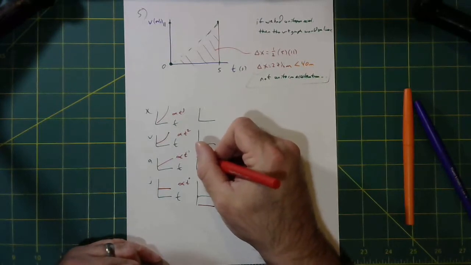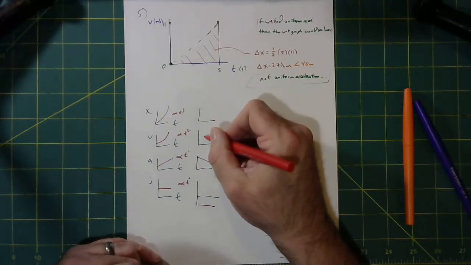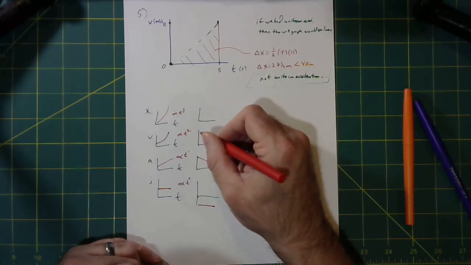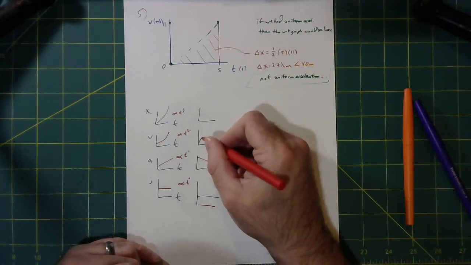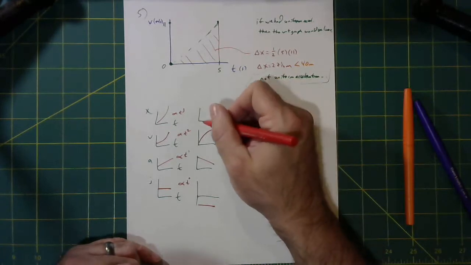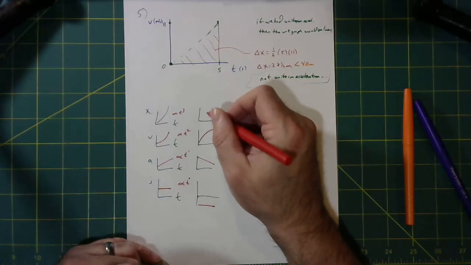And then this would be a negative slope. And this is going to be a parabola opening downward, and then again, some kind of weird cubic.